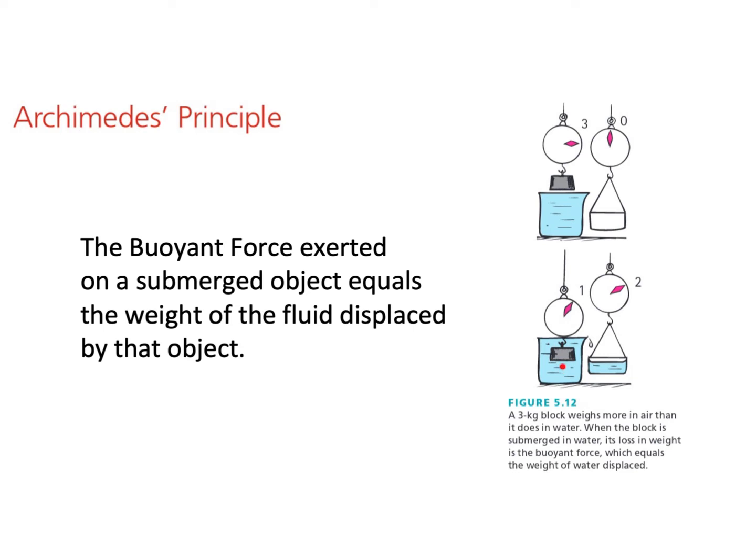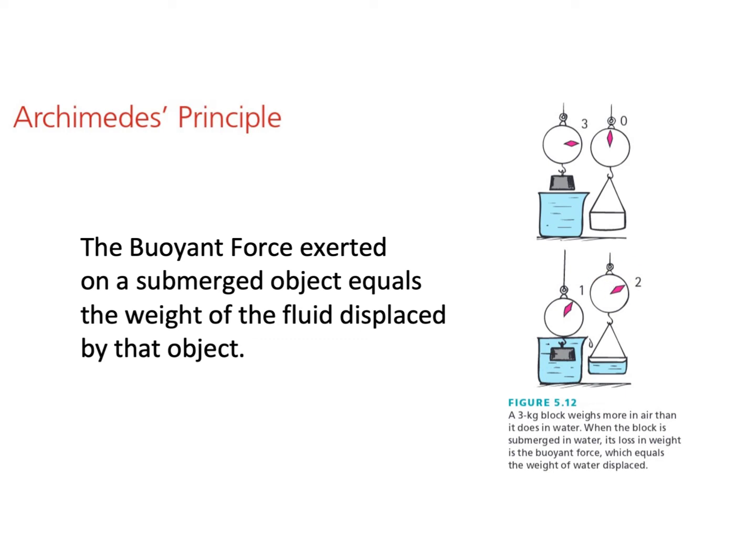Then we lower it into the water. There's going to be a buoyant force, and that buoyant force is going to make it weigh less relative to the scale up here. You can see it's gone from registering 3 kilograms, and now it only registers 1 kilogram on the scale. Now, if this container is filled to the brim with water, as you submerge the weight, the water pours out into this second pan here, where it's being weighed, and guess what the weight is?